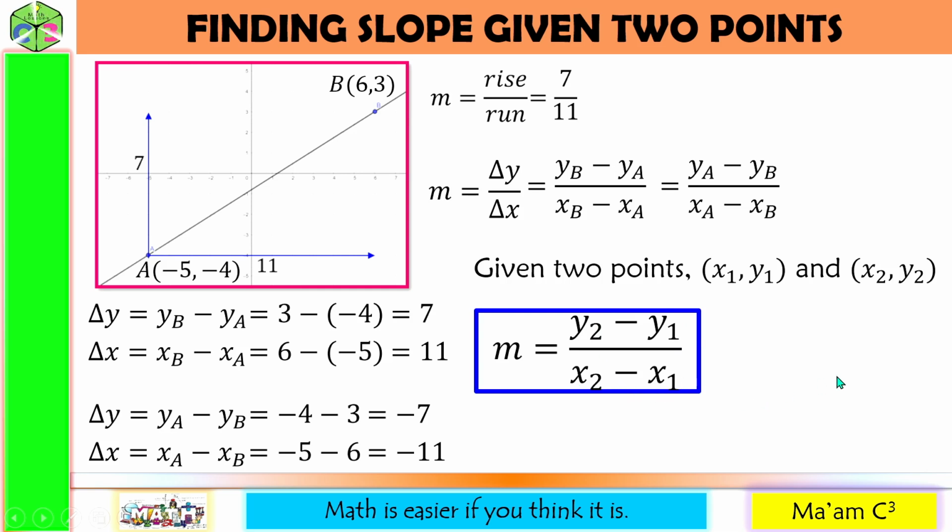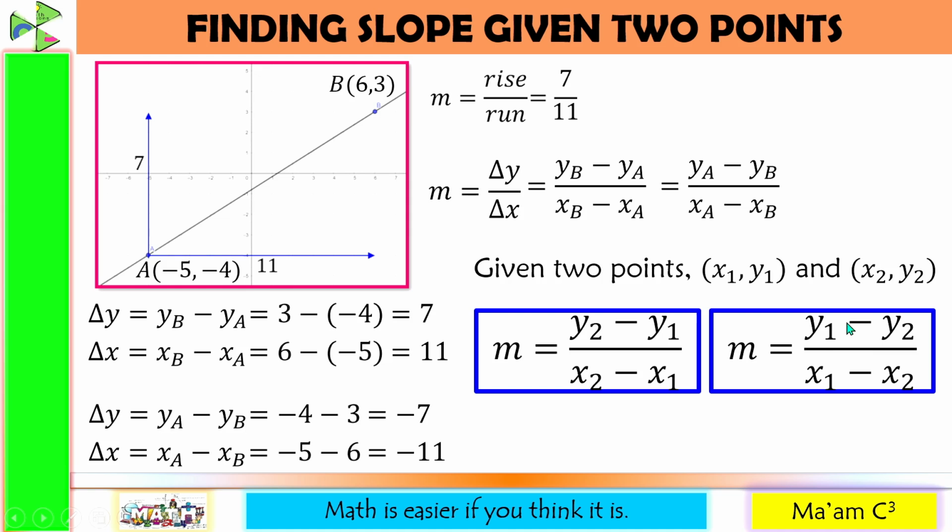Or we may interchange y sub 1 minus y sub 2 over x sub 1 minus x sub 2. So this means it doesn't matter which point you considered as point 1 or point 2. But be careful, you have to be consistent.